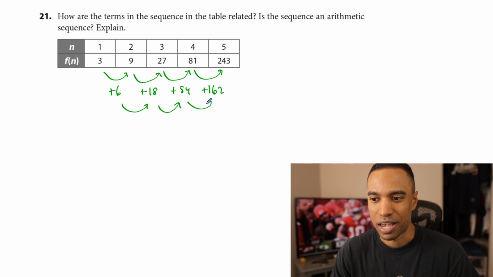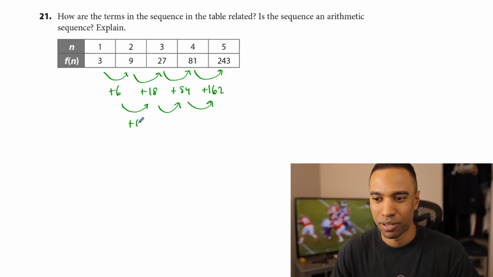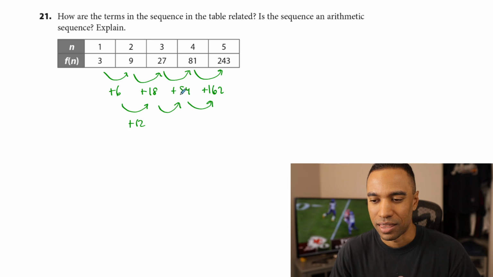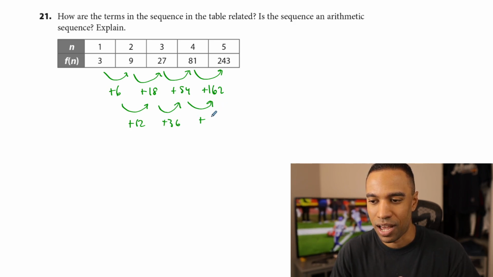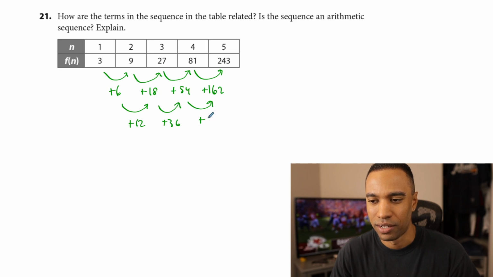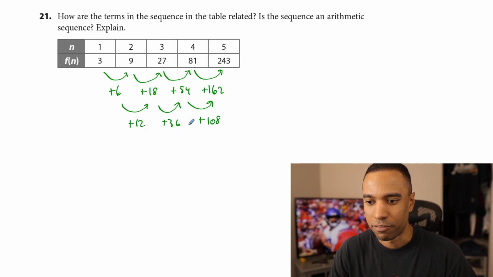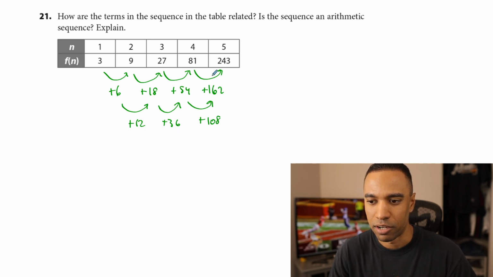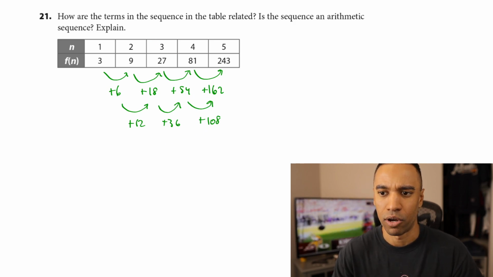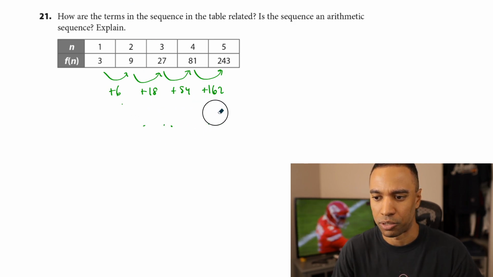And these numbers are separated by plus 12, and then this is plus 36, and this is plus 108. There's something to this common difference here, that these common differences eventually land on a common difference within itself. I think I'm going full bore into something that I shouldn't be explaining right here.